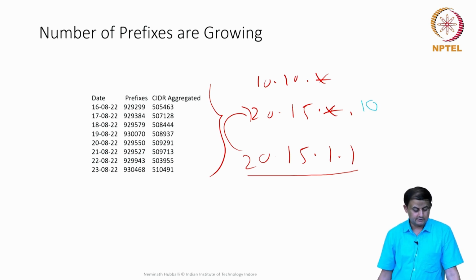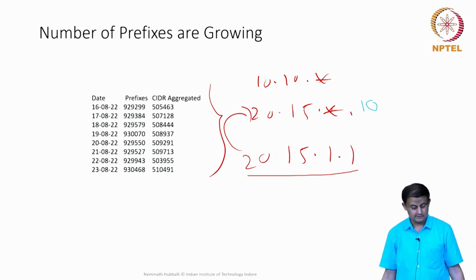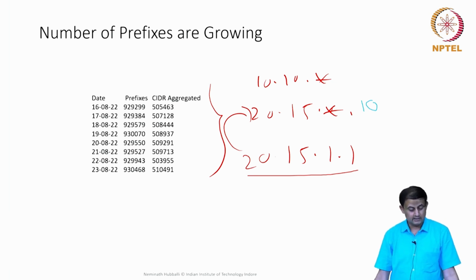What you see on the left hand side is the number of prefixes available with a typical backbone router, one that was located in Japan, and on the 16th of August 2022 there were 9,29,299 prefixes in that router. These are distinct prefixes, something like 10.10.star and 20.15.star.